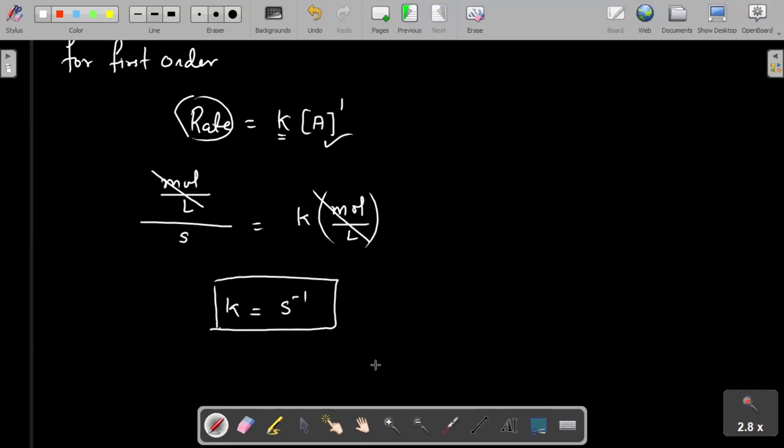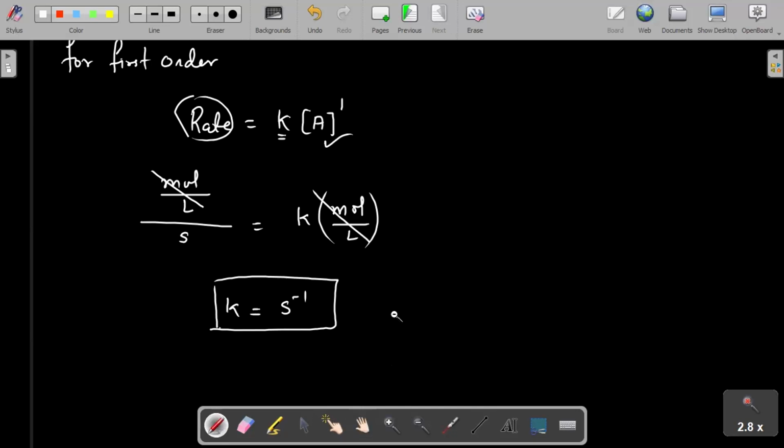Similarly, you can find the order of reaction for any order of reaction, and you can derive a general formula.